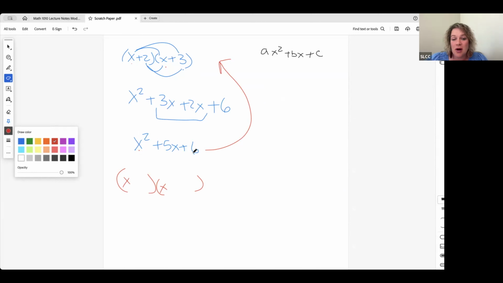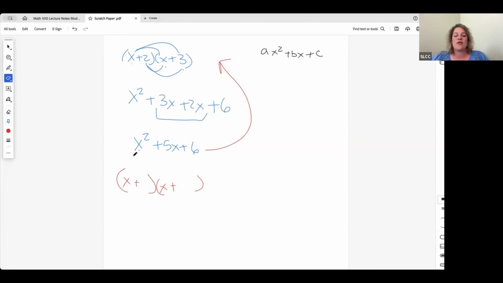You need both to be positive or both to be negative. Notice that the 6 is positive, so both signs will be the same. And the 5 is positive also, so both signs will be positive. If the 5 were negative, then both signs would be negative, because a negative times a negative is a positive.